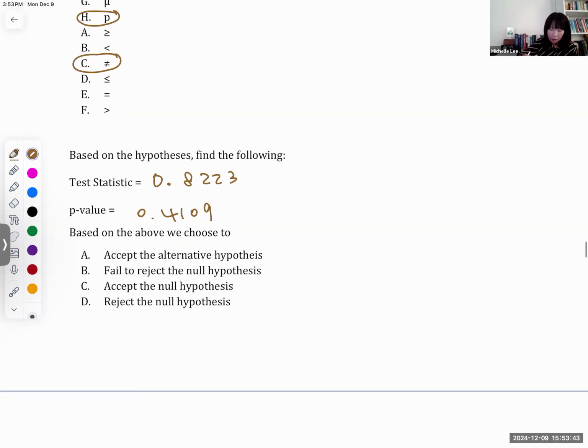And based on that, we have a p-value greater than alpha, which is 0.1. Can you please choose A, B, C, D?